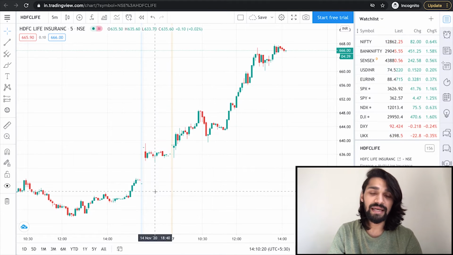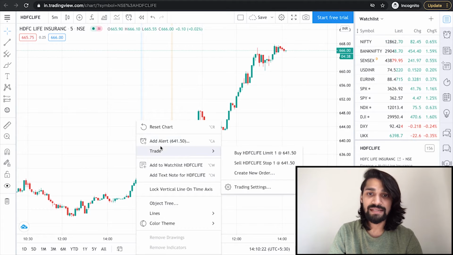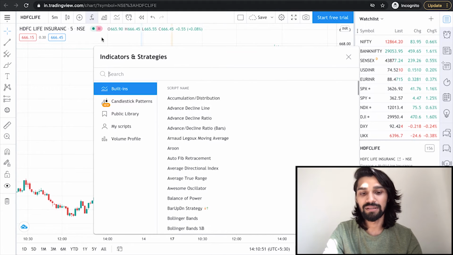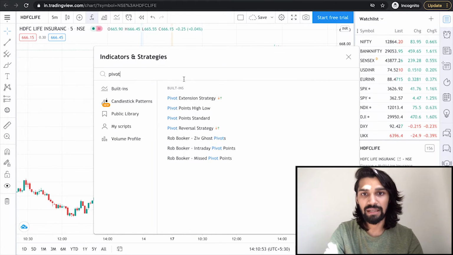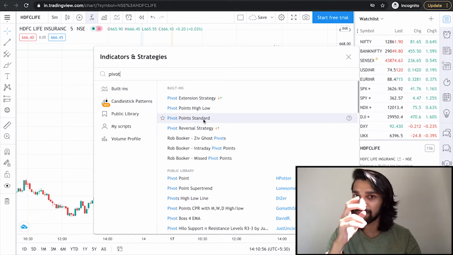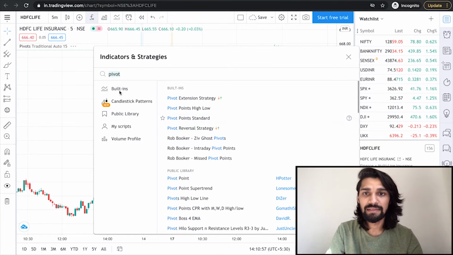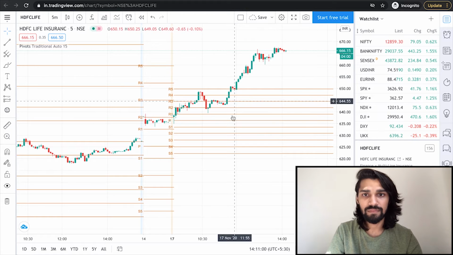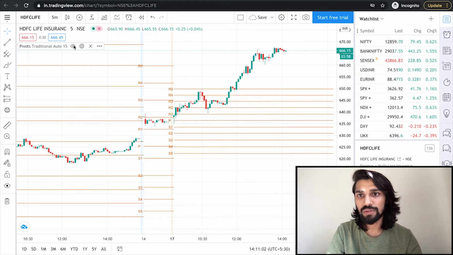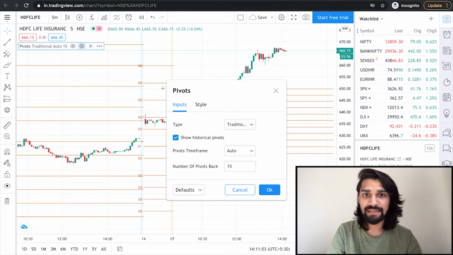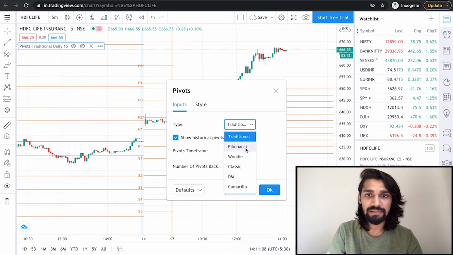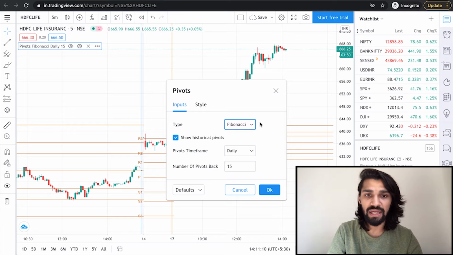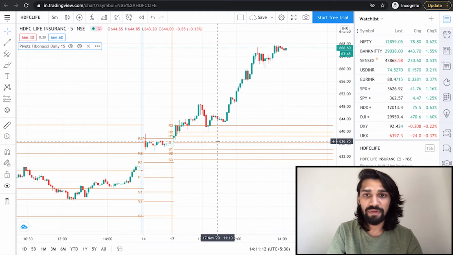The third indicator that we are going to talk about is pivot. The one which we are talking about is pivot standard. You can go to settings and put the time frame to daily and the type to Fibonacci, and okay. So what does pivot tell you?